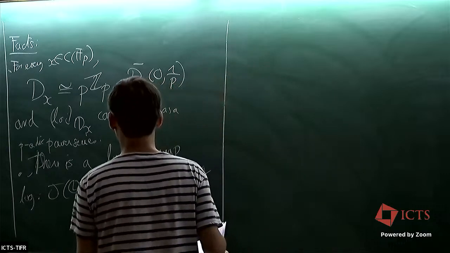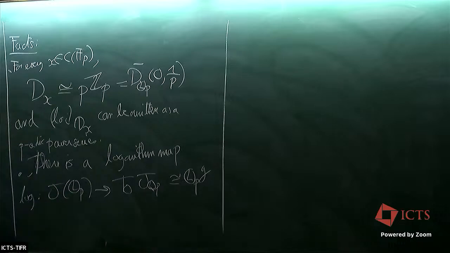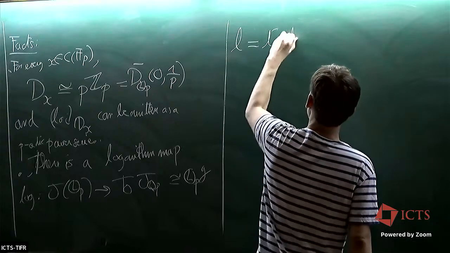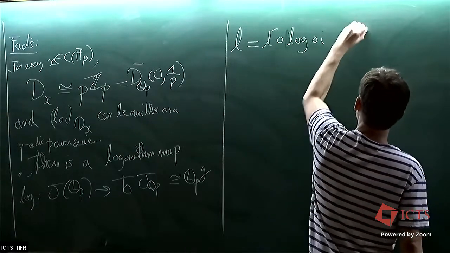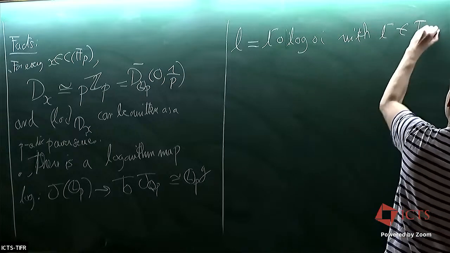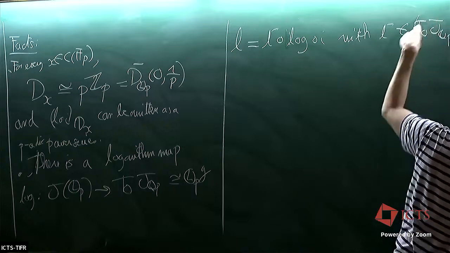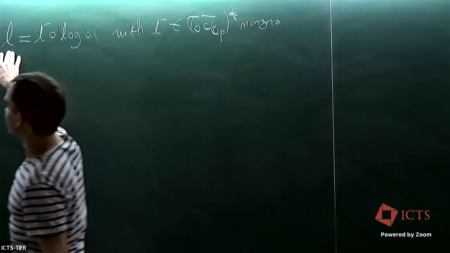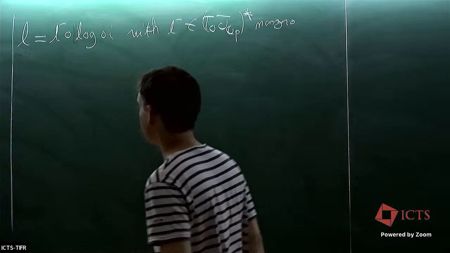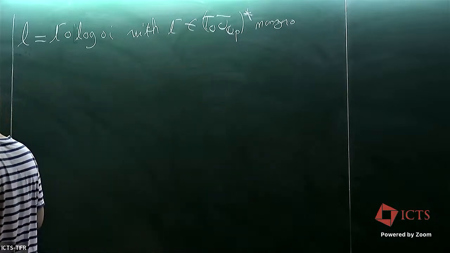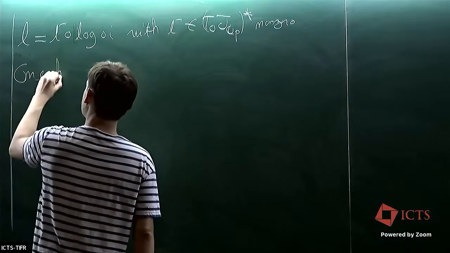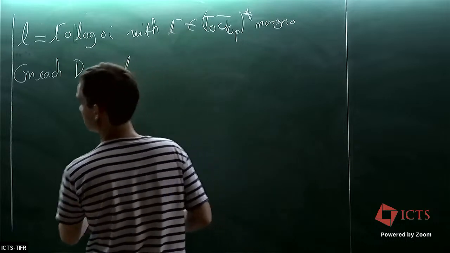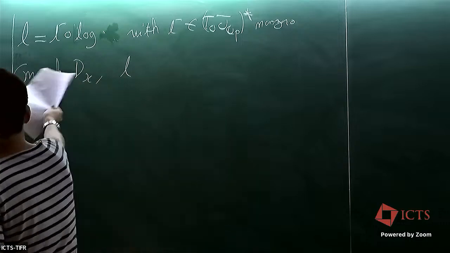And now I can write properly what this means. Actually, I can write L equal to L prime composed with the log composed with iota, with L prime an actual linear form, so in the dual of the tangent space, non-zero. I could not really talk about a linear form before, but this makes sense. So L is L prime composed with log.